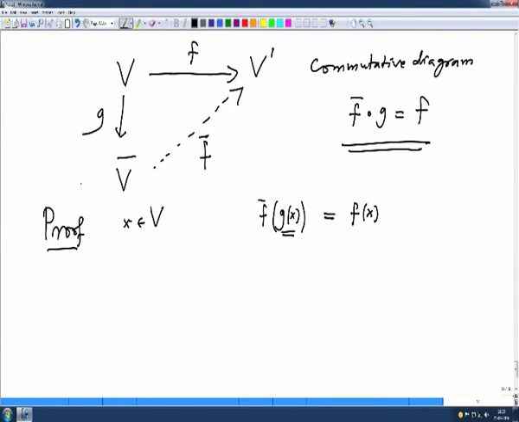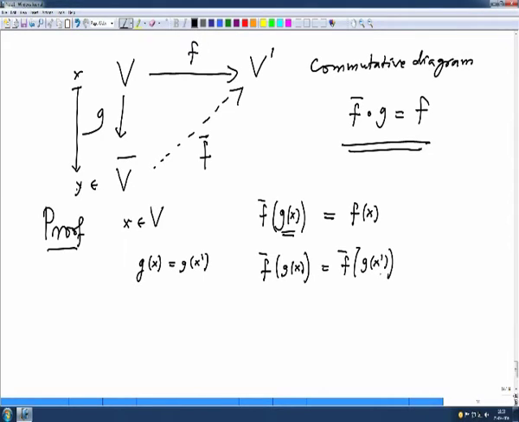Surjectivity means that given any y here, y is coming from some x, but it may happen that the same y is coming from two of them. So, it may happen that g of x is also equal to g of x prime, but then we will have to check that f bar of g of x is the same as f bar of g of x prime.